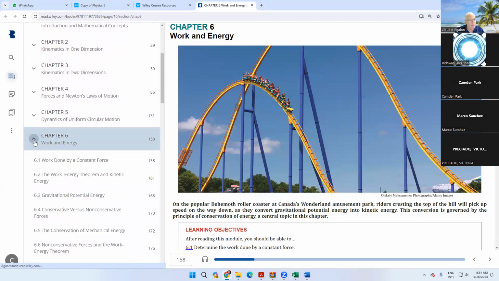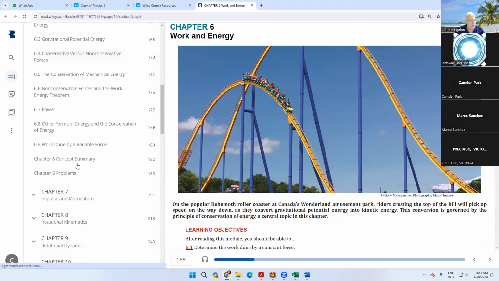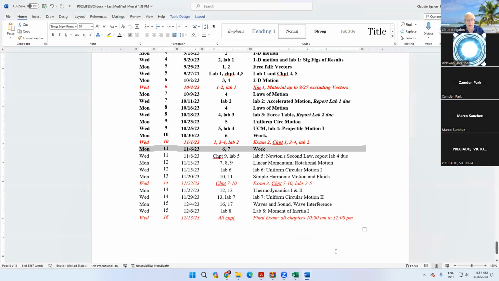We're in this chapter right here. The next chapter is going to be impulse and momentum. And let's take a look at what we covered so far from chapter 6. Momentum, linear momentum.